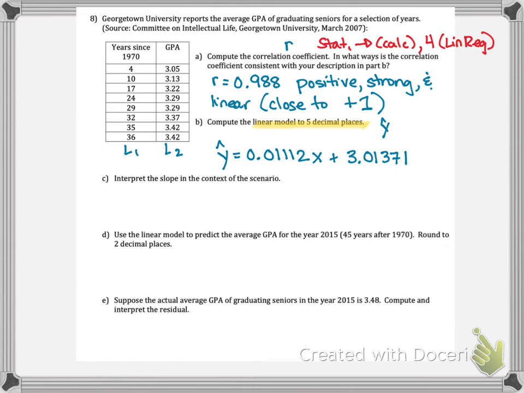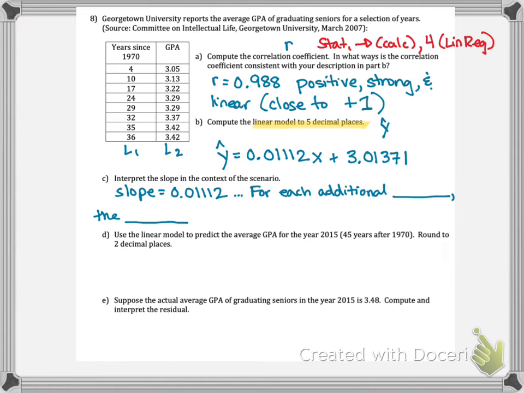Now we're asked to interpret the slope. This is sounding very familiar. So the slope is always the number touching x. So our slope is 0.01112. And it says, for each additional, and then we always put in our x variable.